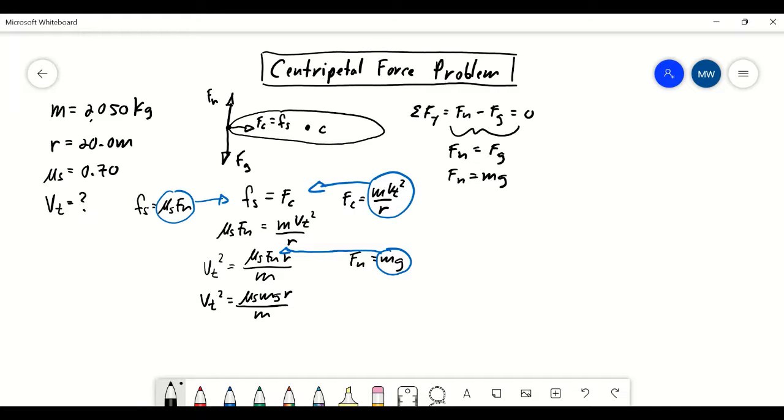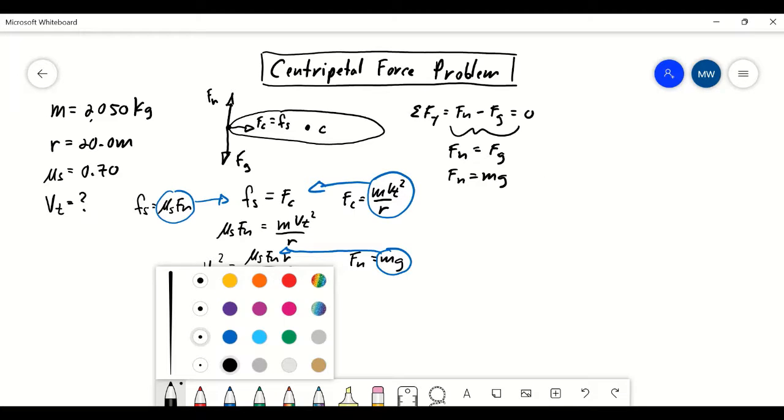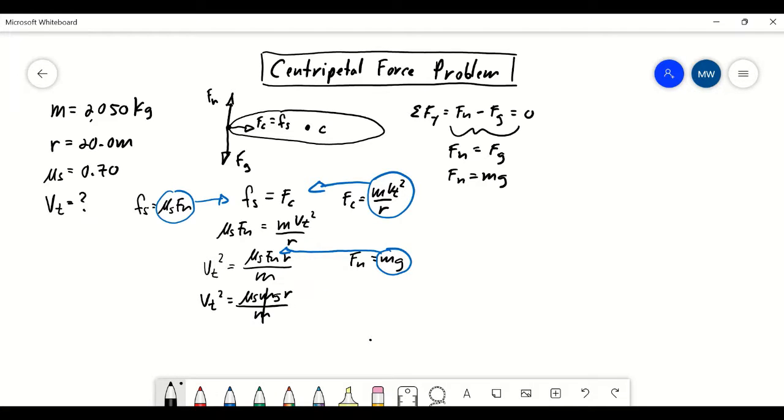And since m is upstairs and downstairs, it just cancels. So the equation that we're going to use for this is vt equals the square root of mu s g r. Right, and this will give us our answer.